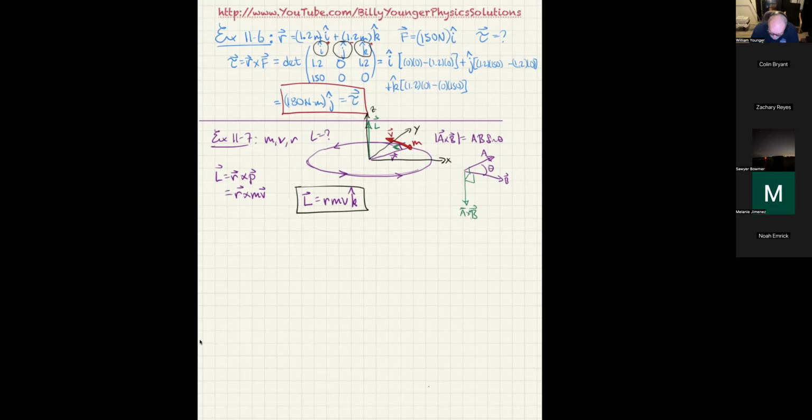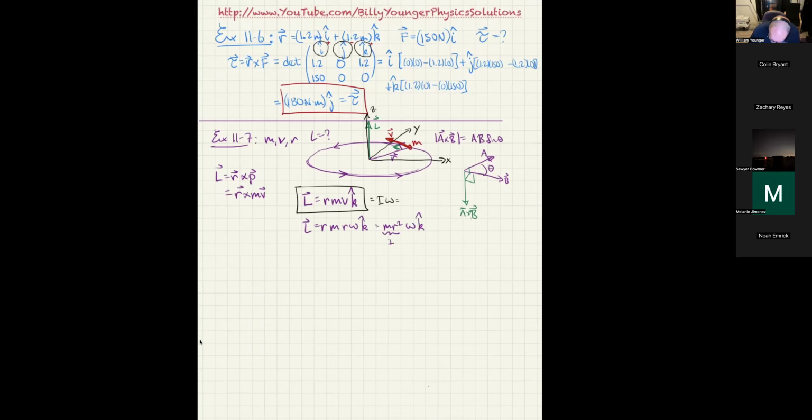The other thing you might want to do is realize that it's also I times omega, and if you plugged in v equals r omega, you would see that it would become L equals r times m times r omega in the k-hat direction, but that is m r squared times omega in the k-hat direction.